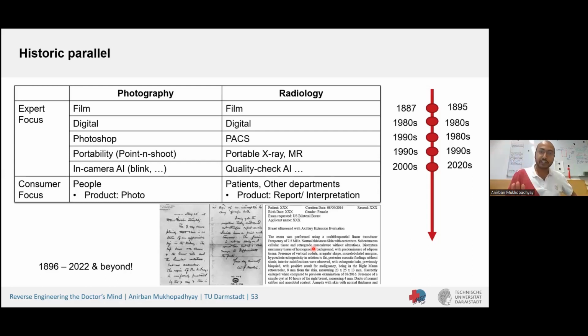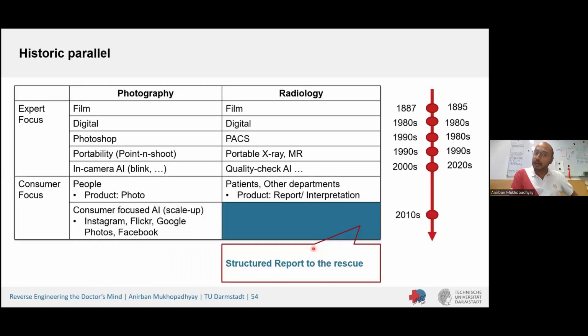Now, if we are really talking about consumer-focused AI in photography, that has completely changed how we consume photographs. You can talk about Instagram, Flickr, Google Photos, Facebook. We have a completely different understanding of how to consume photos. But we really don't have an equivalent thing for radiology.